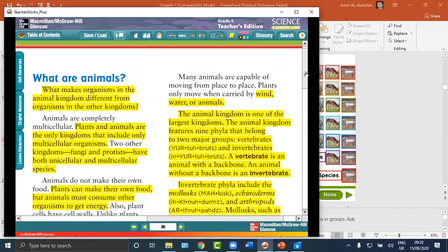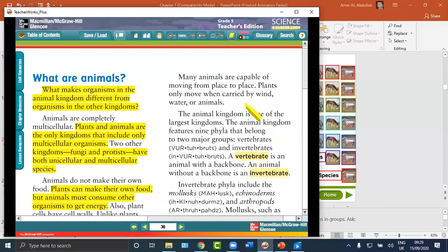Yes. Now, Marwan Wali, Marwan, yes, read please. Many animals are capable of moving from place to place. Plants only move when carried by wind, water, or animals. Okay, thank you.